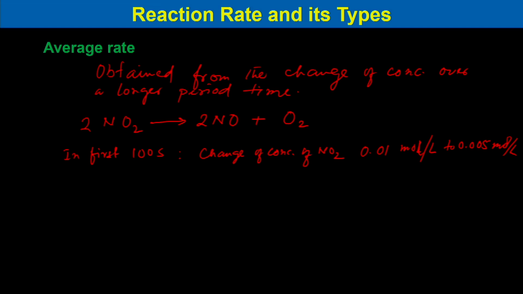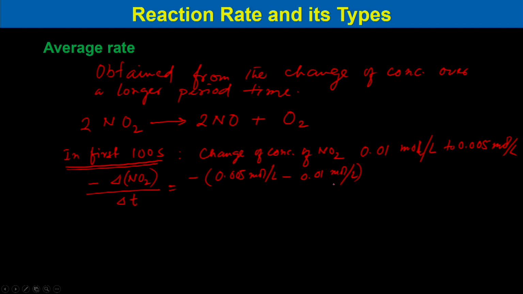So, if this is the change for the first 100 seconds, then we can calculate minus delta NO2 divided by delta T, which would be equal to minus (0.005 mole per liter minus 0.01 mole per liter) divided by 100.